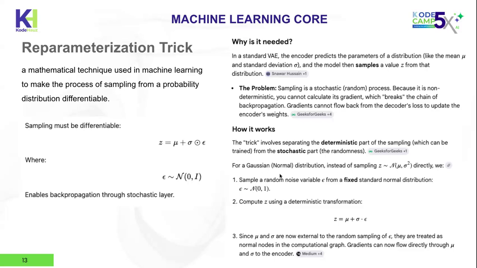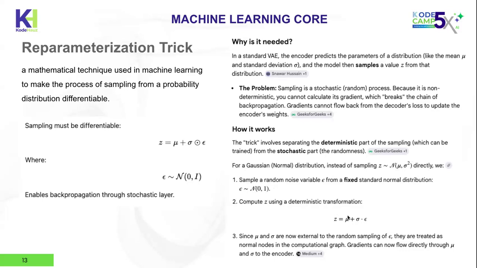So what we now do is that instead of sampling a random range directly, we sample a random noise variable from a fixed standard normal distribution, which is the Gaussian distribution. And then we add that using this transformation. So epsilon is a random aspect. You multiply by the standard deviation and add it to the mean.